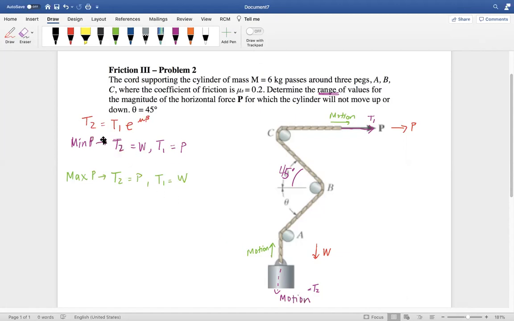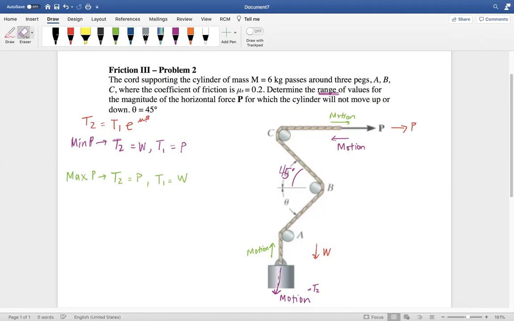And because for the minimum value, you're saying you're not pulling hard enough, the motion for the purple would be going this way. And the motion for the green would be going this way, which means, let me erase this because that's kind of confusing.